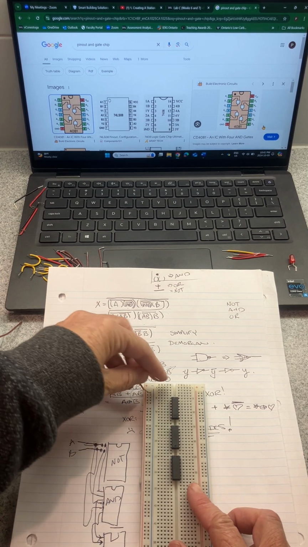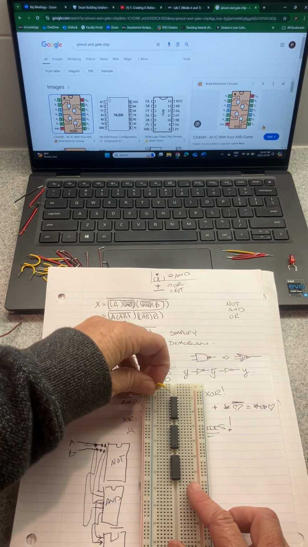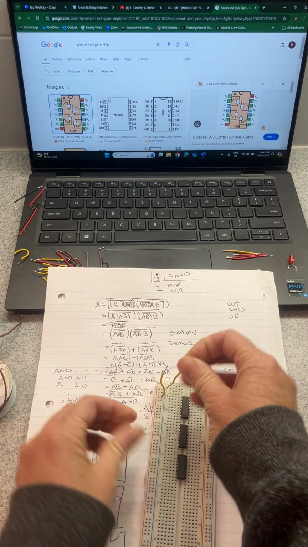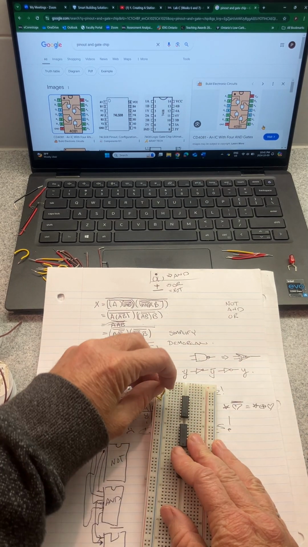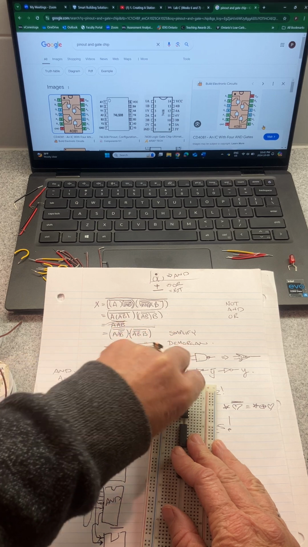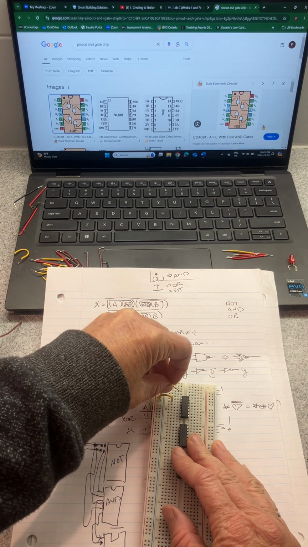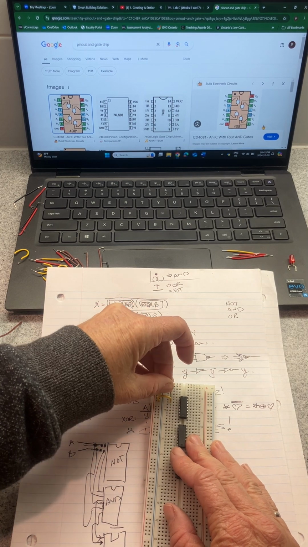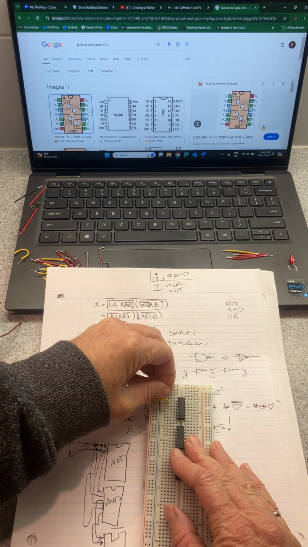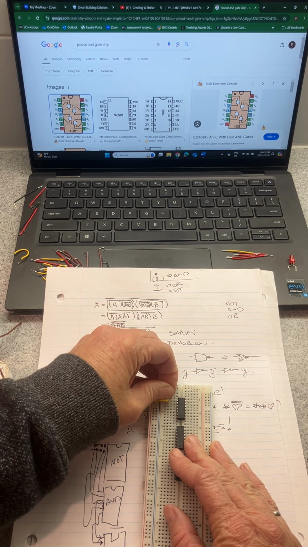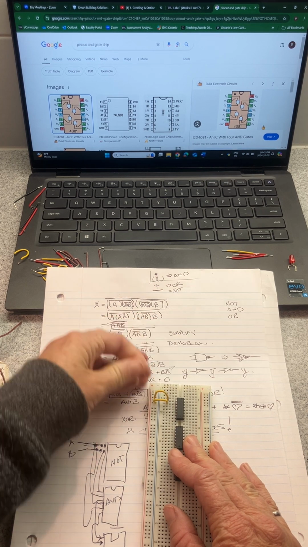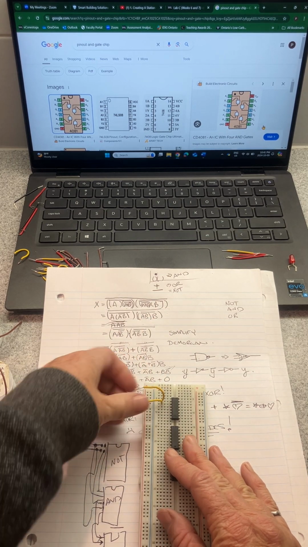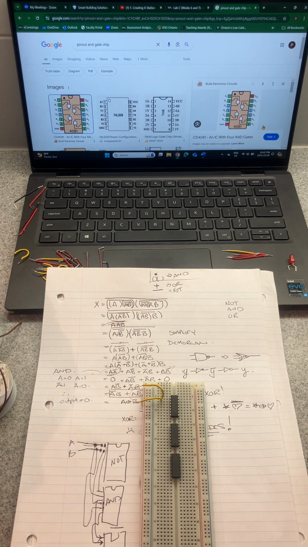Those inputs are going to be 1, 2, and those inputs are going to be A and B, and I'm just going to put them along here for now. If I plug those in here, then they'll bring whichever signal I want to that whole row. So those are my inputs.